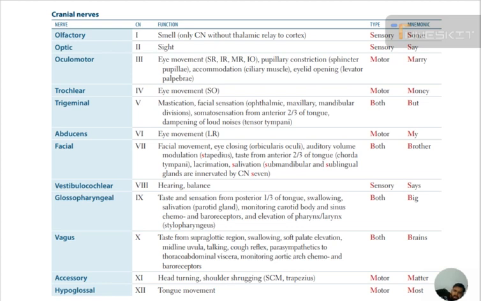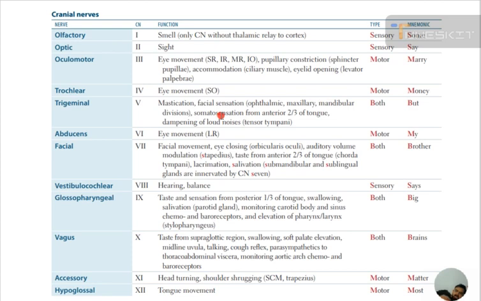The trigeminal nerve is involved in mastication and facial sensations. It has three divisions: ophthalmic, maxillary, and mandibular divisions. The ophthalmic division supplies the cornea, then the maxillary division, and then the mandibular division.